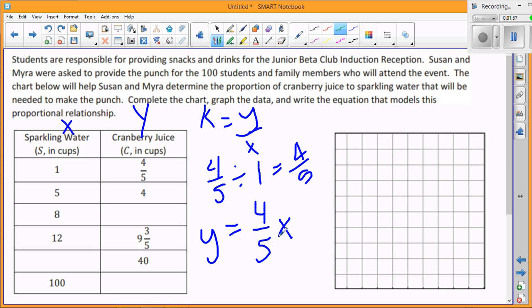And I know if I take 8 and multiply it by 4/5, I will get what should be in my y column. So 8 times 4 is 32, and then we're going to divide that by 5, and we'll get 6 and 4/10, and 4/10 is equal to 2/5.